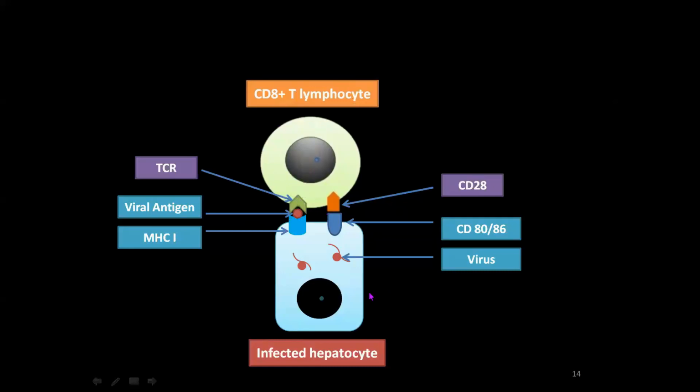And co-stimulatory molecule CD80 or 86 should bind to CD28 present on the surface of CD8 positive T lymphocyte. In this way, antigen is presented to CD8 positive T lymphocyte by antigen presenting cells and infected hepatocytes.